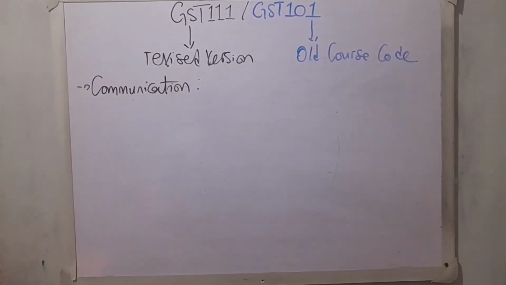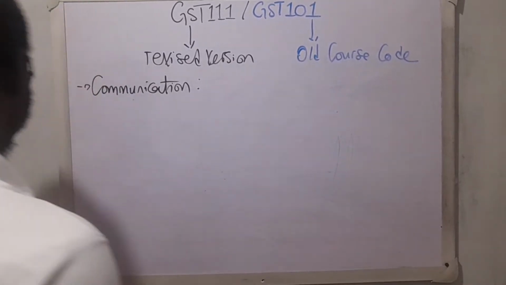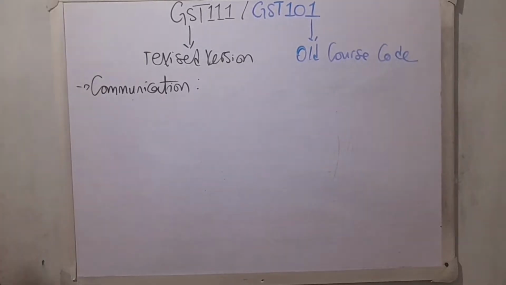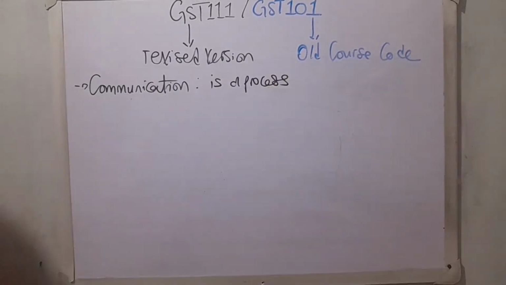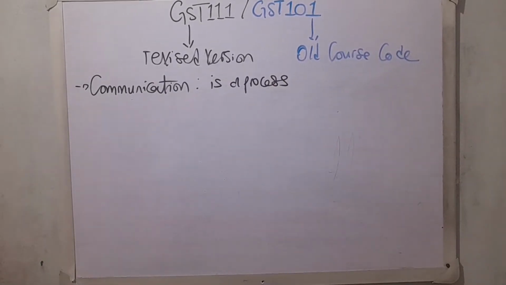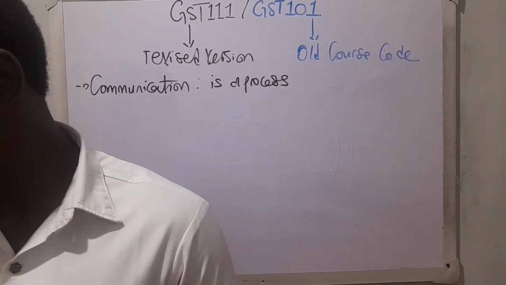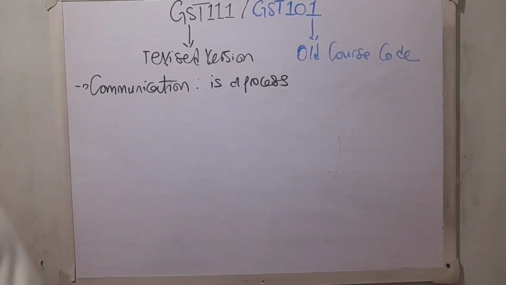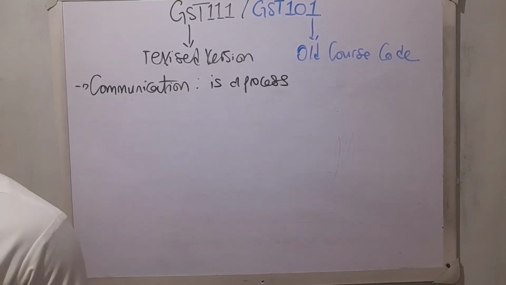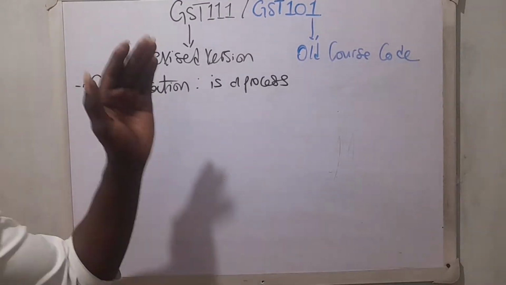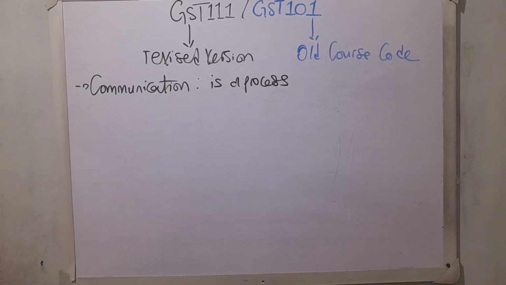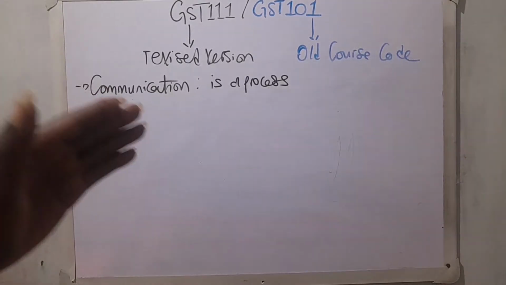So when we talk about communication, there are certain things we need to consider. First thing first, we need to understand that communication is a process. Remember, this course itself is about communication skill, but this communication skill is now in the English language.